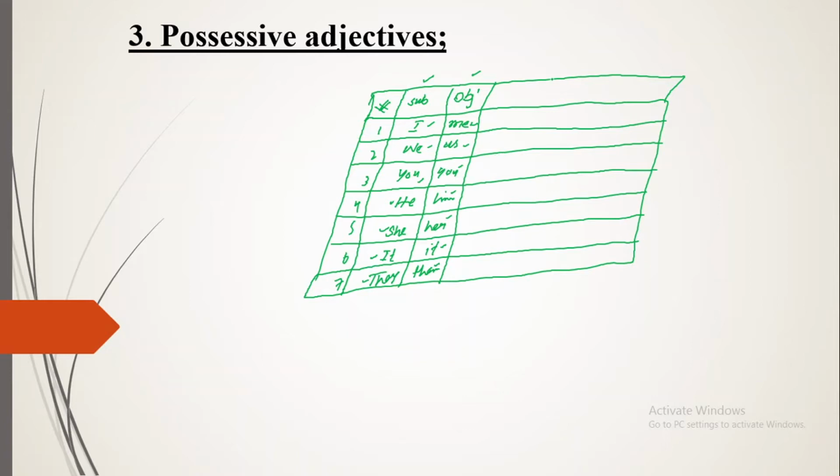And next we had the possessive cases. I told you the possessive cases are of 2 kinds: of pronouns as well as of adjectives. First we will discuss the pronouns, which we have already discussed.